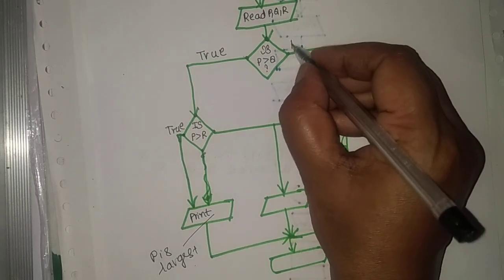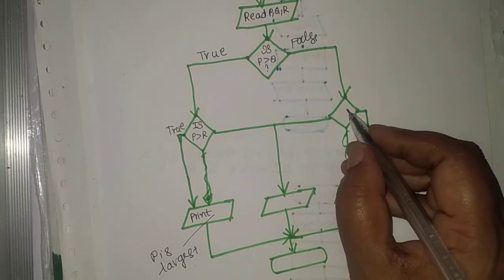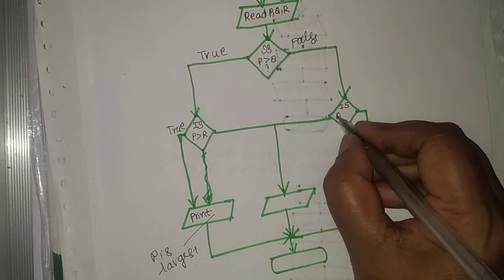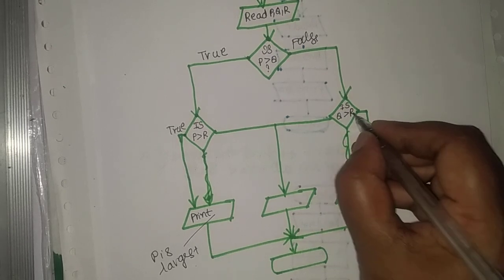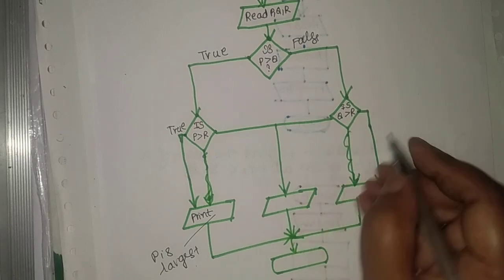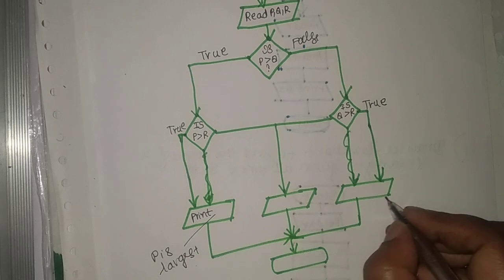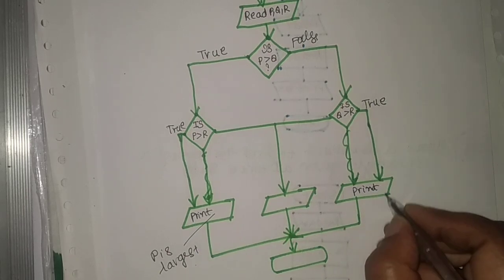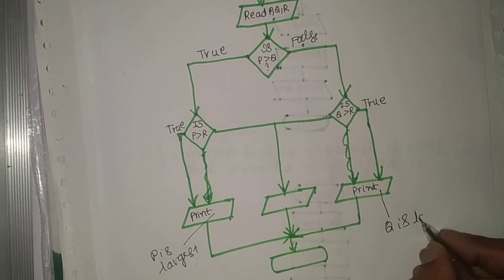Else it will be false. This side false it comes, and here we have to ask is Q greater than R? Then if it's true, it comes here, that is print Q is largest.